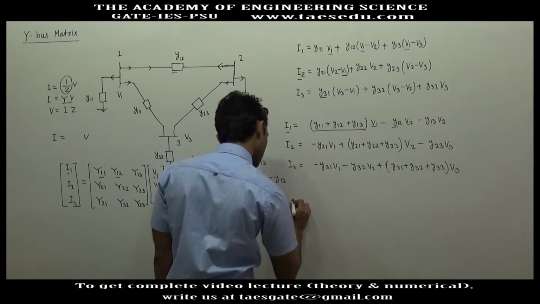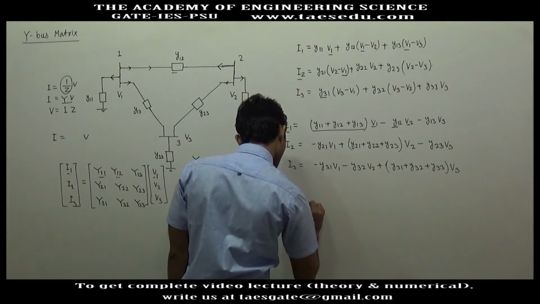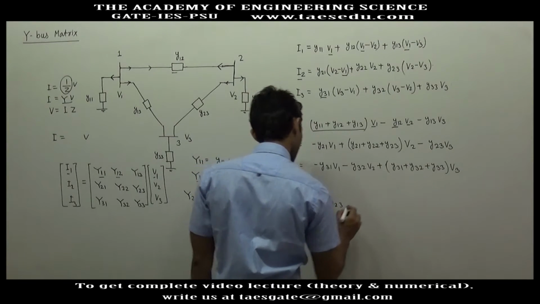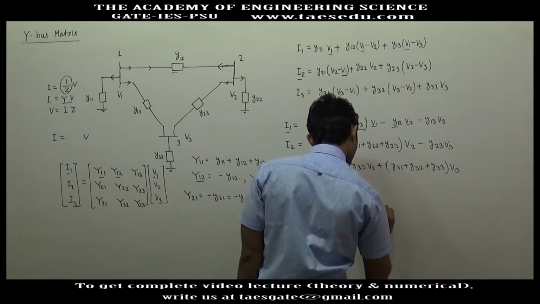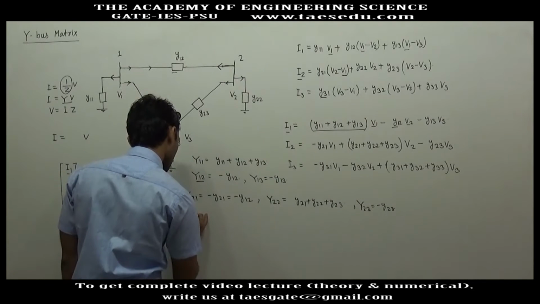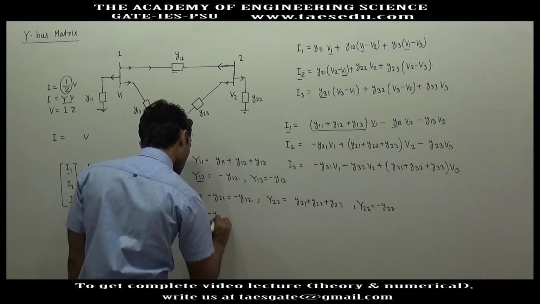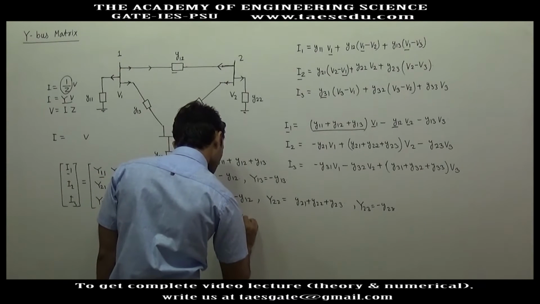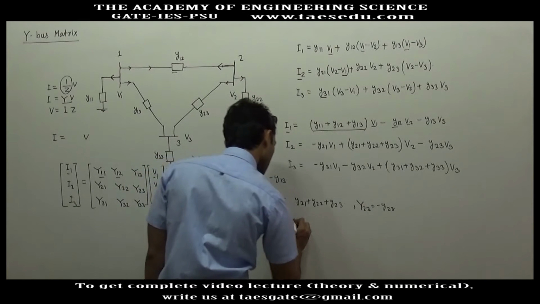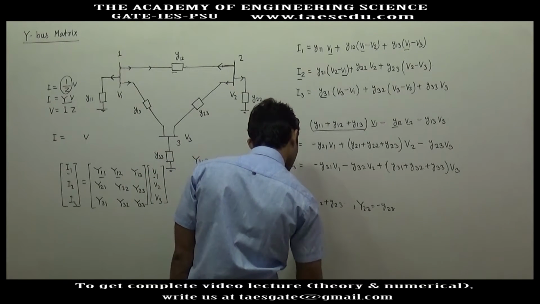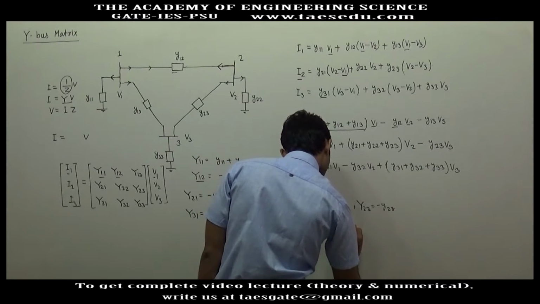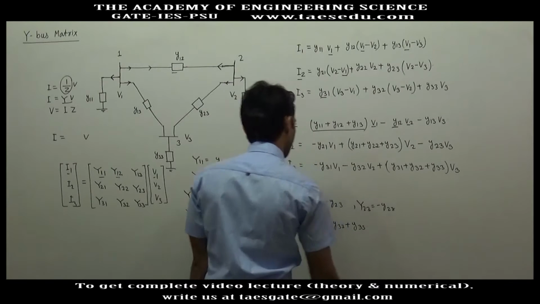Y22 will be small y21 plus y22 plus y23, and capital Y23 will be minus of y23. Y31 is minus of small y31. Y32 is minus of small y32, and capital Y33 is y31 plus y32 plus y33.